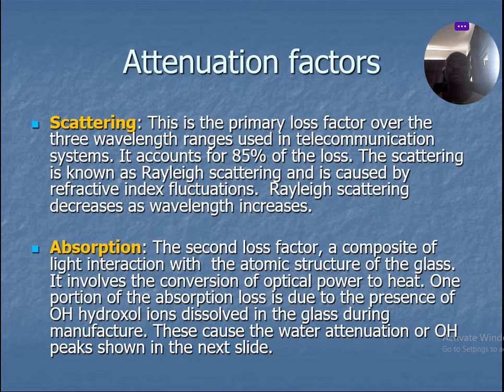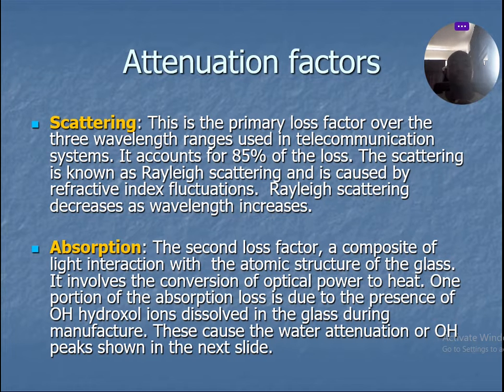So it is the primary loss factor. It's the main one. In fact, it amounts to about 85% of the entire loss in the signal that is propagated in an optical fiber. So it's a huge thing.